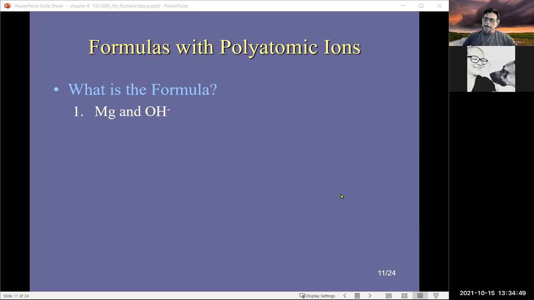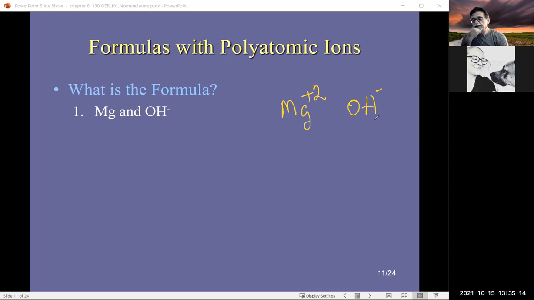So polyatomic ions, you're given the polyatomic ion, you're even given the charge, but we've got to figure out the magnesium. So we know magnesium, obviously, we just talked about that, has a +2 charge because it's a group 2A metal, loses 2 electrons, and the hydroxide is given to you.